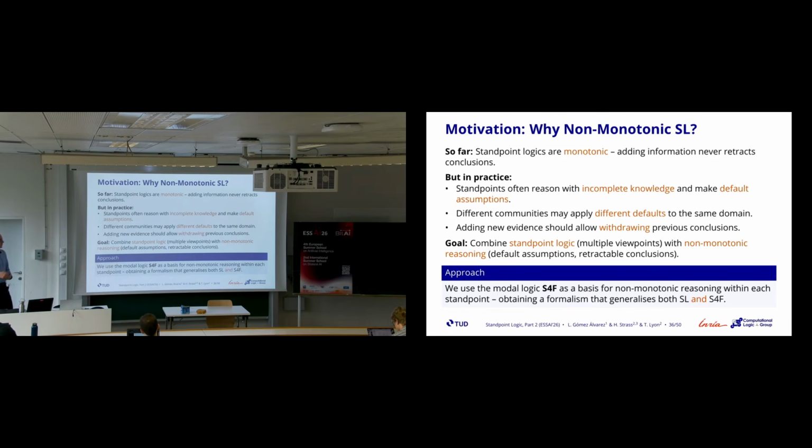The approach that we chose was to use a specific modal logic called S4F, and I will introduce it in a minute, as the base logic for doing non-monotonic reasoning within each standpoint. What we obtain from this is a logic that generalizes both standpoint logic, the propositional standpoint logic that this course started with, and this modal logic S4F.